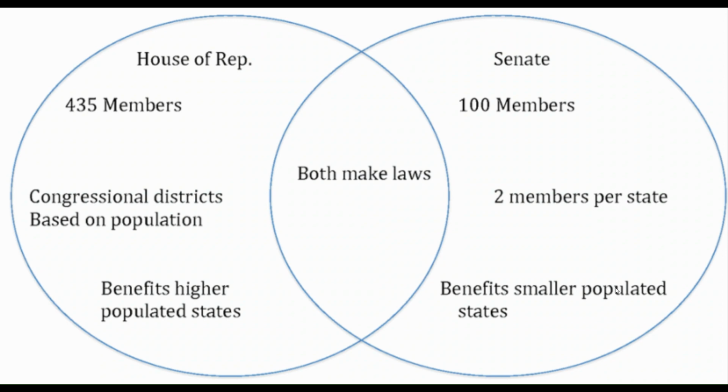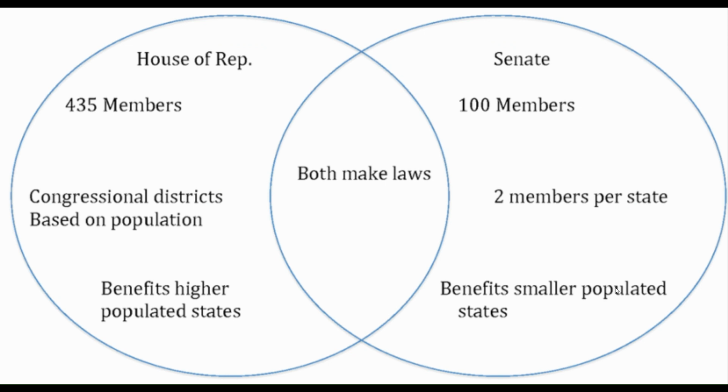Whenever they pass a law, it has to be the exact same language that goes to the president as one proposed law. And a proposed law is called a bill. That bill has to be the exact same wording out of both the House and the Senate that goes to the president, where if it is to become an official law, the president has to sign it.